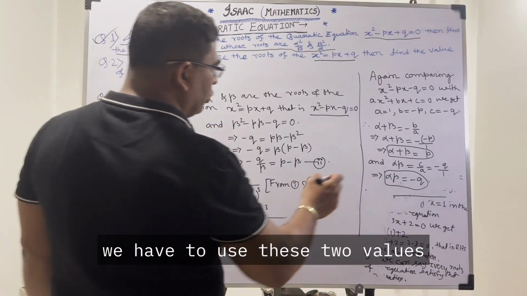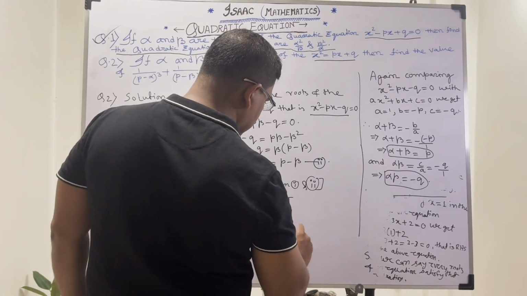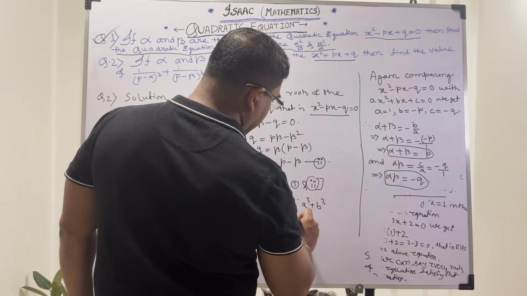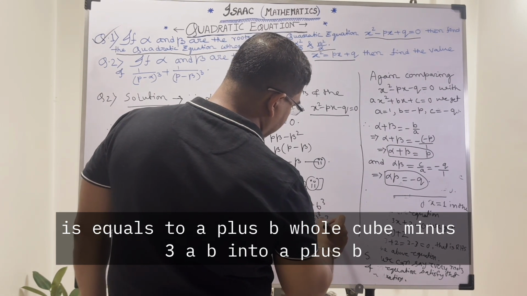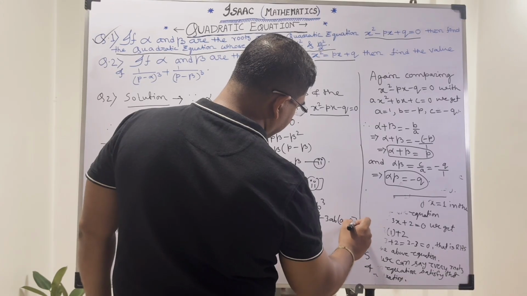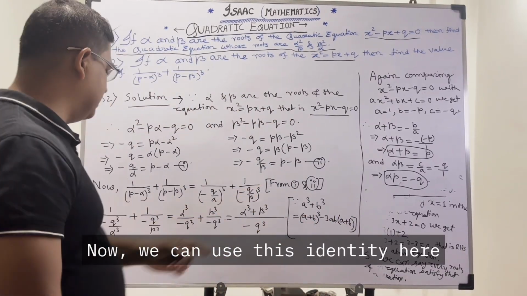Now we have to use these two values. Since a cube plus b cube equals a plus b whole cube minus 3ab into a plus b, now we can use this identity here.